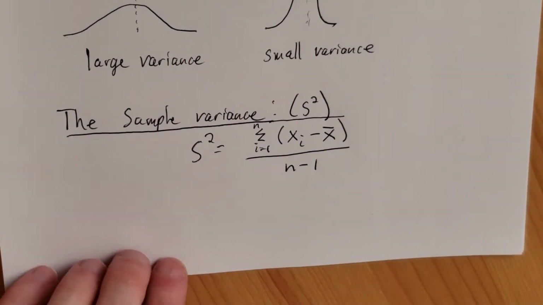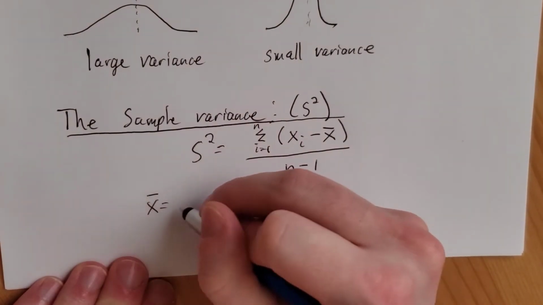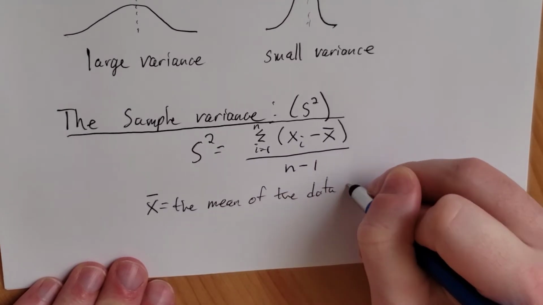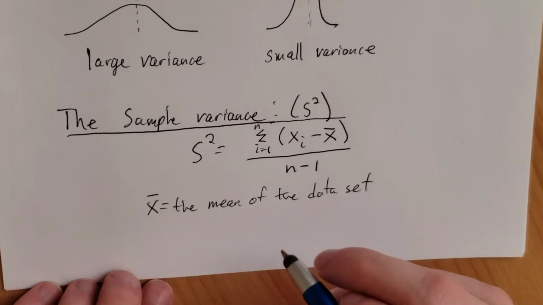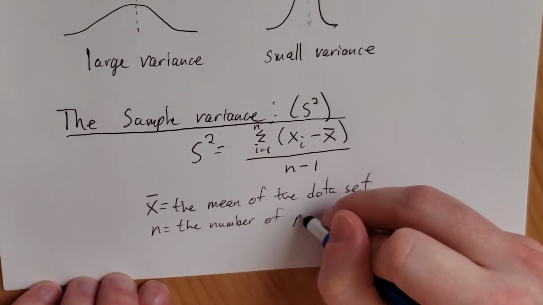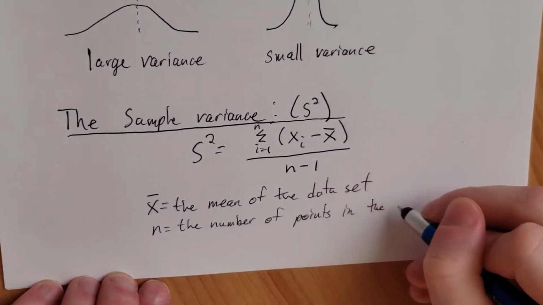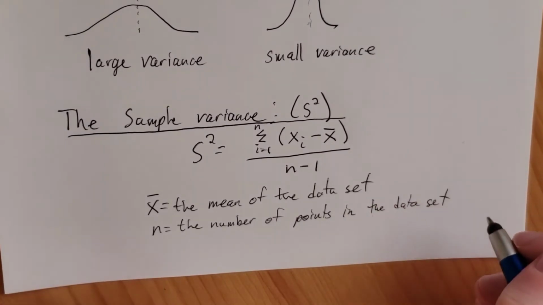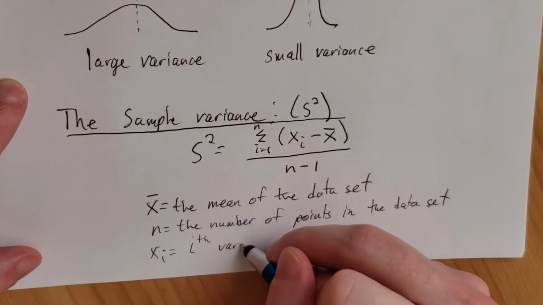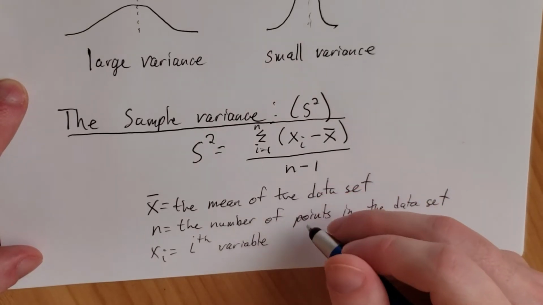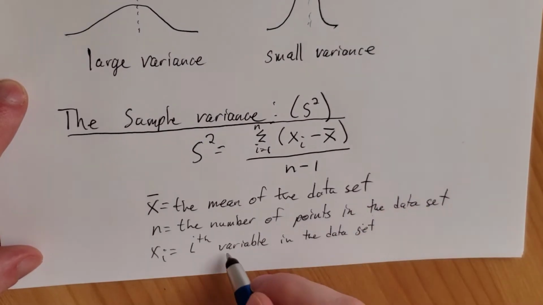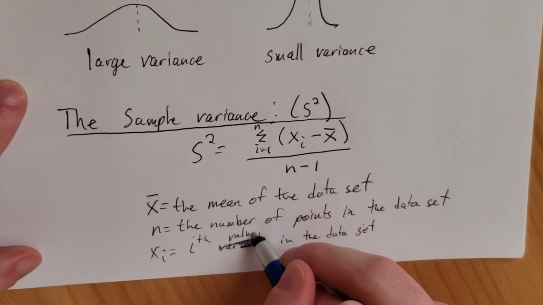Where x bar is the average or the mean of the data set, n is the number of points in the data set, and x sub i is just the ith value in the data set.